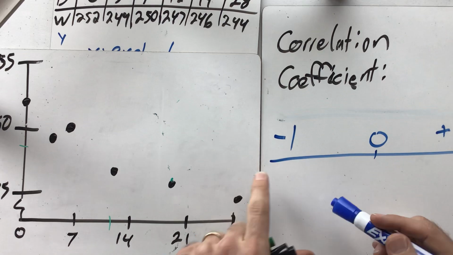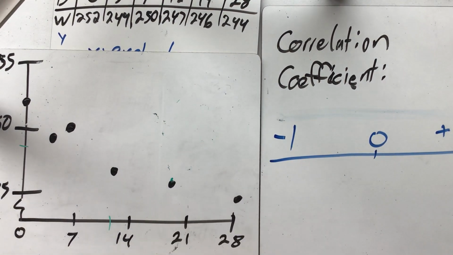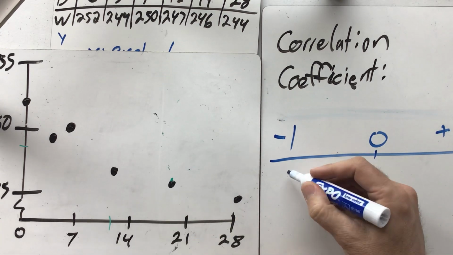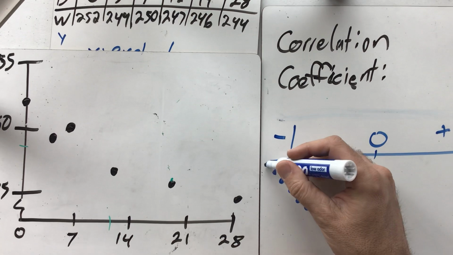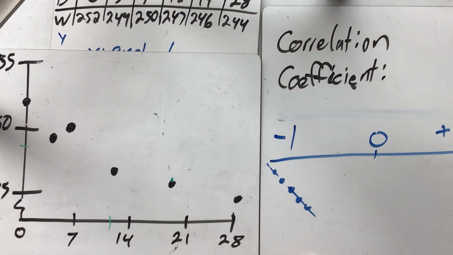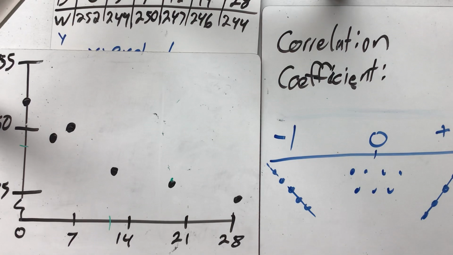We already know that negative means they go down, and positive means they go up. But what does the scale mean? Well, -1 means it's a perfectly downward line. A +1 would be a perfect line with a positive slope, and 0 would be a jumbled mess that has no slope attached to it.